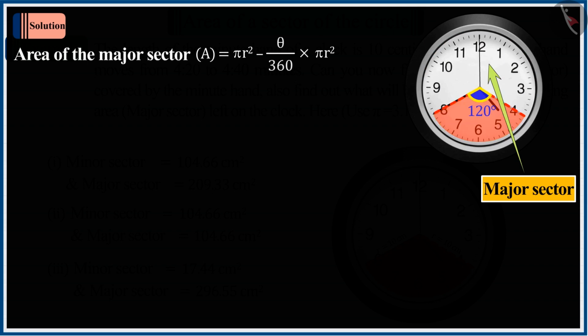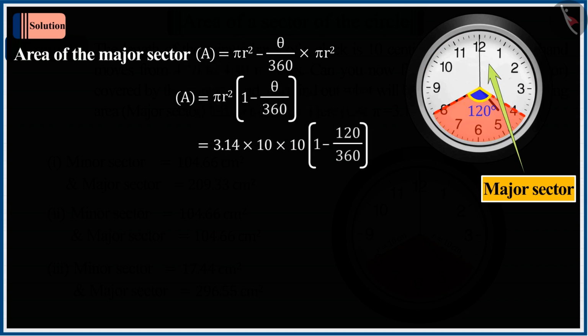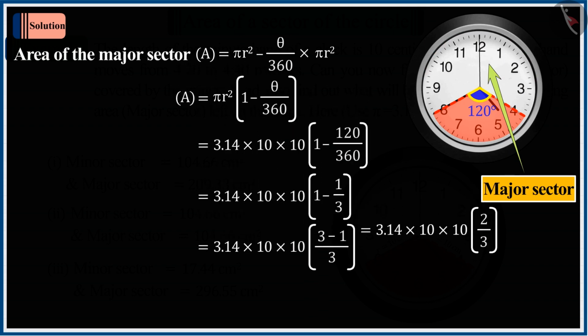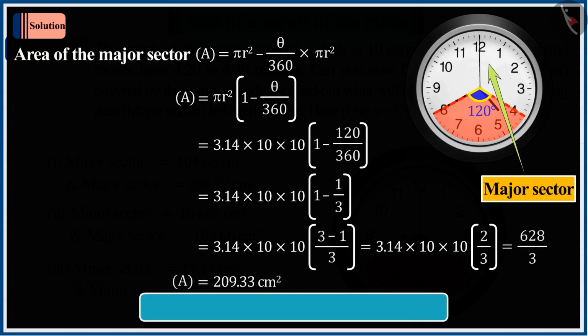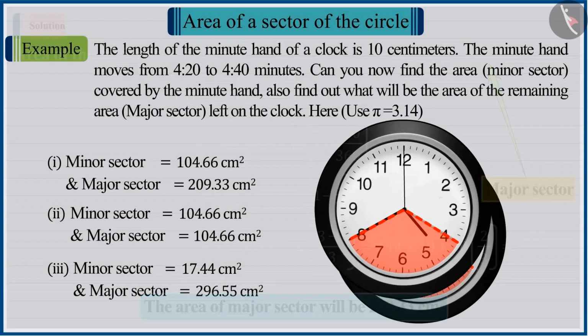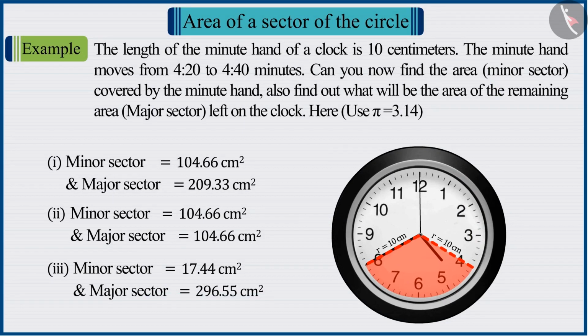On solving this, the value of A found to be 209.33 square centimeters. Therefore, we can say that the area of major sector will be 209.33 square centimeters. Hence, option 1 is the correct answer.